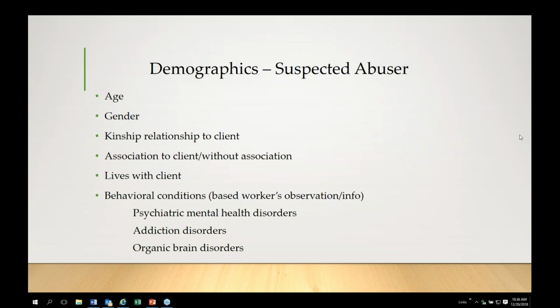We're not asking you to ask the abuser their sexual orientation and gender identity. You do have to ask that of the client, but you don't have to ask that of the abuser. If you've got a good relationship and you can ask, you can ask that here, but we're not requiring you to ask that of people.